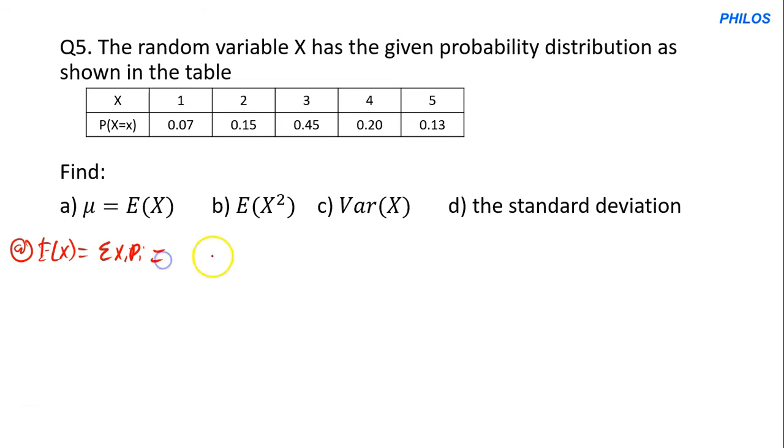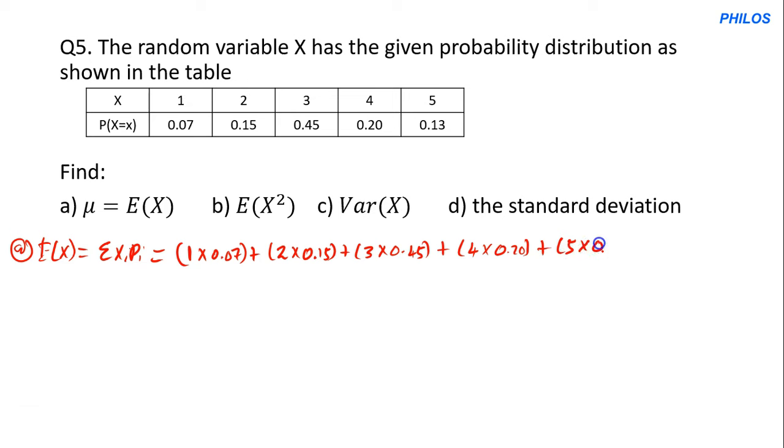So to do that, our x1 is 1 times p1, which is 0.07, plus our x2 is 2 times its probability, 0.15, plus the third x, which is 3, times its probability, which is 0.45, plus the next x, which is 4, times its probability, which is 0.20, plus the next x is 5, times its probability, which is 0.13.